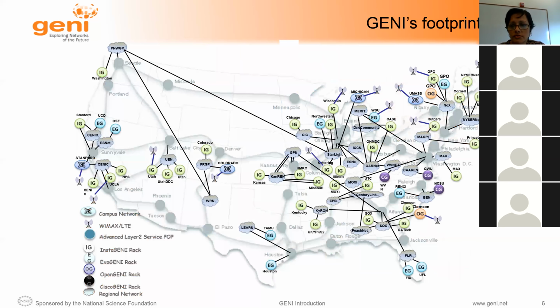So this gives you a more realistic, current picture of GENI's footprint today. As you'll see from the legend, there are entire campus networks connected. On the West Coast, you can see Stanford. If you go towards the Northeast, you'll see UMass, Michigan, and then in the middle of the map, there's Colorado.